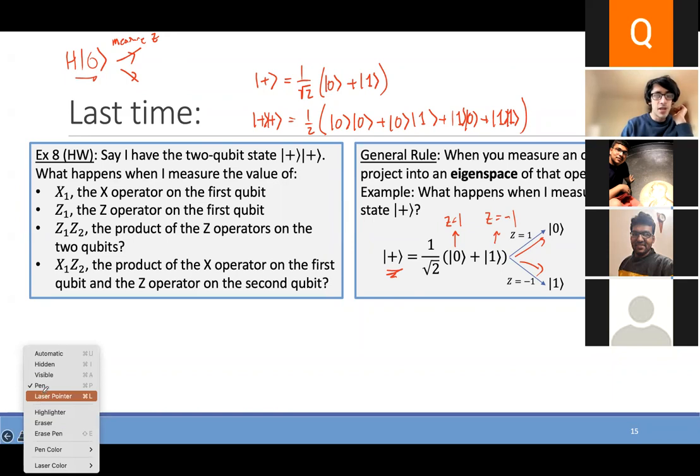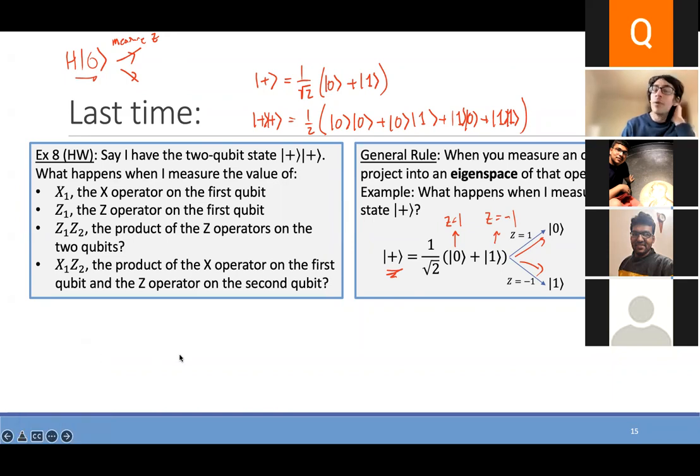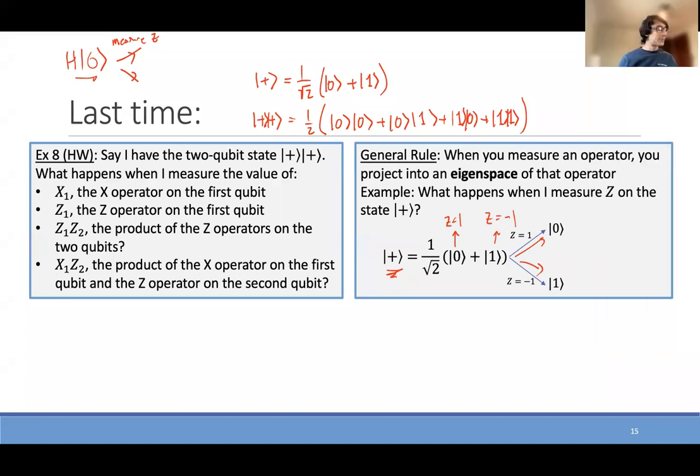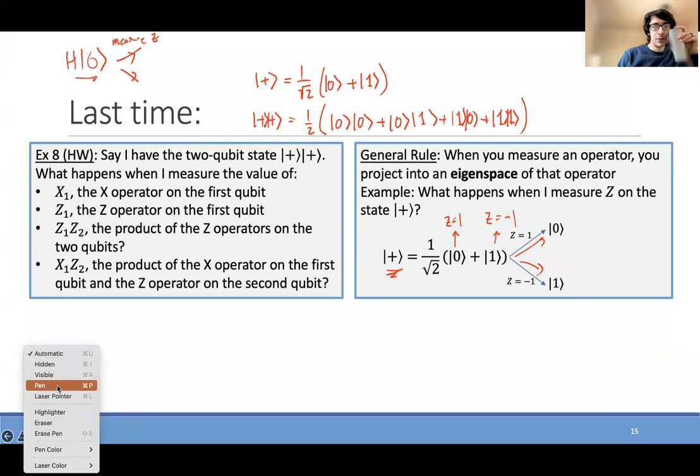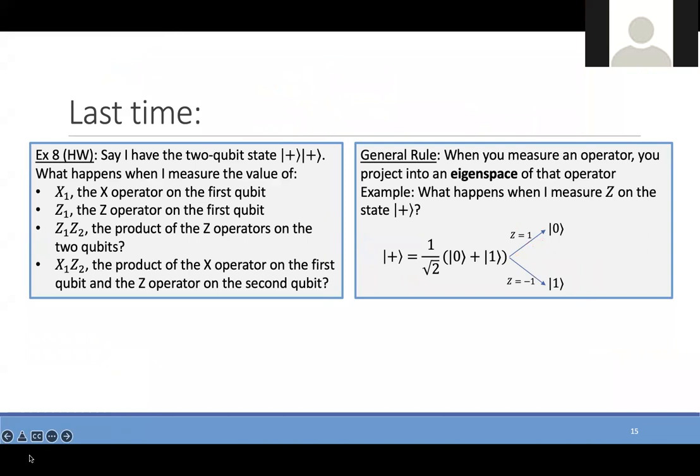Okay, so then let me just ask everyone here, what's the answer to the first part of this exercise? What happens if I measure x1, the X operator on the first qubit? Anyone can answer in either the chat or they can just unmute themselves, but somebody's got to answer. After measurement, it could be either 0 or 1.